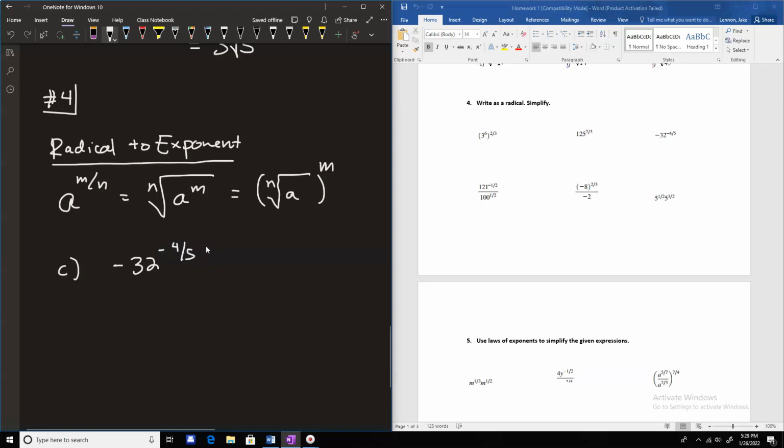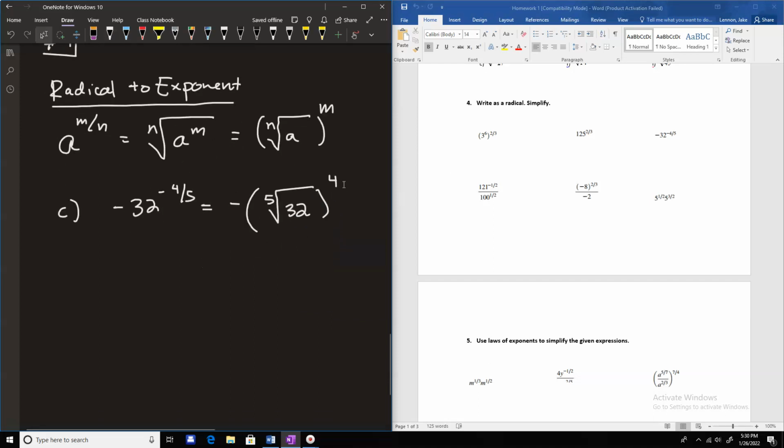So since the root is 5, we know it's going to work well. But the exponent's actually only being applied to 32. It's not being applied to the negative. So I'm going to go ahead and use this last thing. So I'm going to say, okay, this is the negative, and then I'm taking the 5th root of 32 to the 4th power.